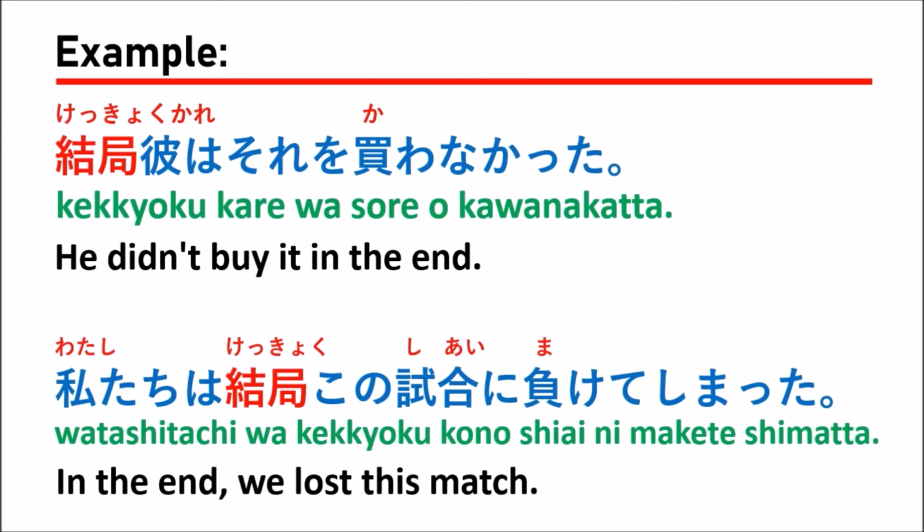And for the second sentence, you see that before KEKKYOKU we have a subject, right? 私たちは, which means "we." 結局この試合に負けてしまった。結局 means at the last or in the end, right? この試合に負けてしまった means we lost this match.